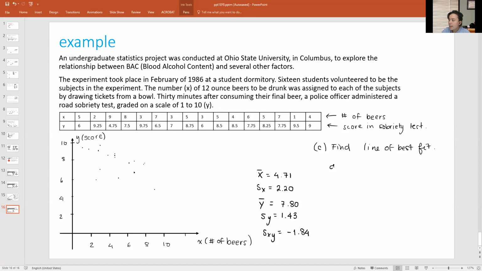So to find A, we're going to have that A is going to be sxy, which is negative 1.84. And then we're going to divide this by sx squared. So that means sx, which is 2.20, squared. And if you evaluate this, you're going to have that this is equal to negative 0.38.